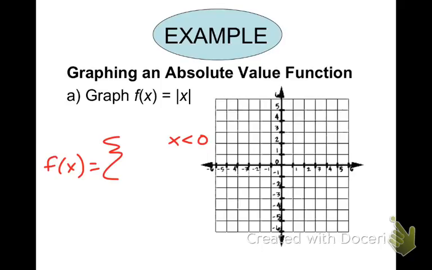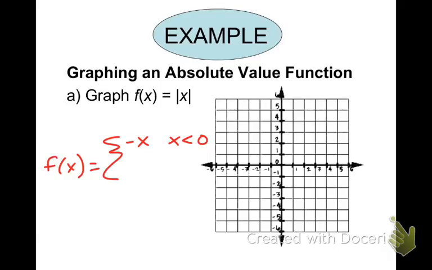Positive. So if I needed to write that out, because I can't write it in words, I need to write it out mathematically. If I take the absolute value of a negative number, it's going to end up being the negative of that number. What's the absolute value of negative 3? 3. What's negative times a negative 3? 3. So it gets me the same result.